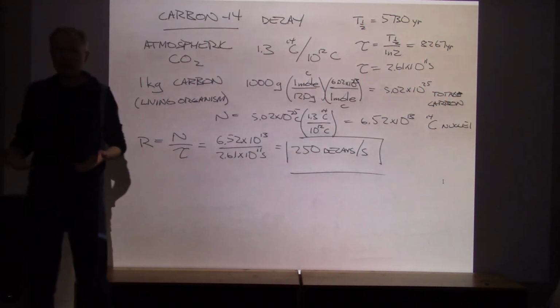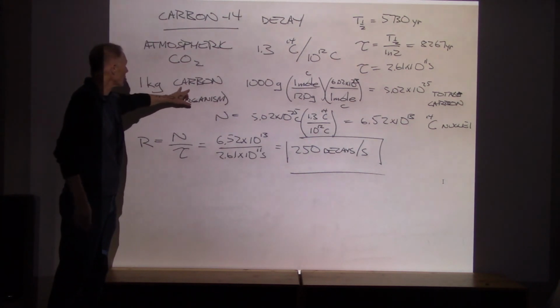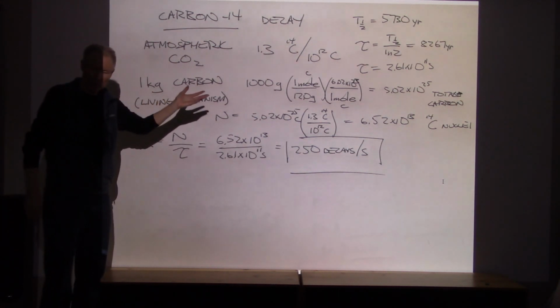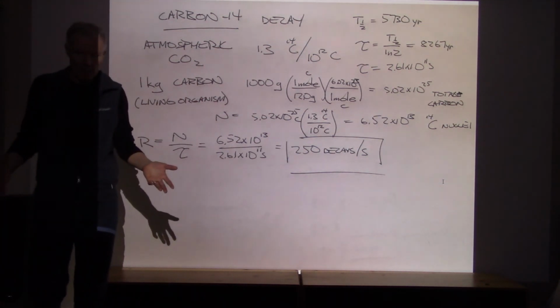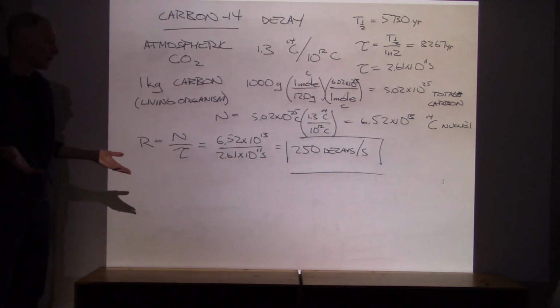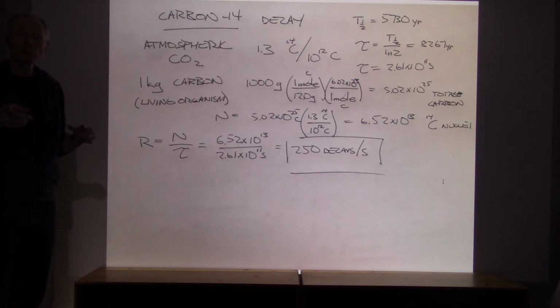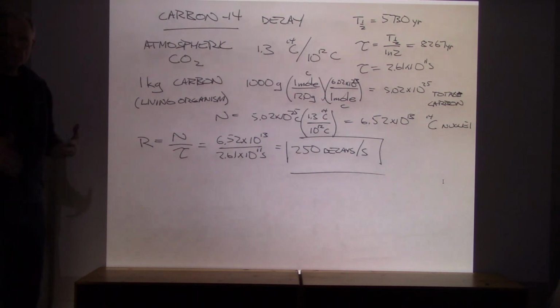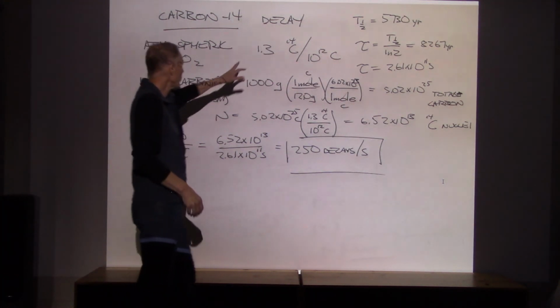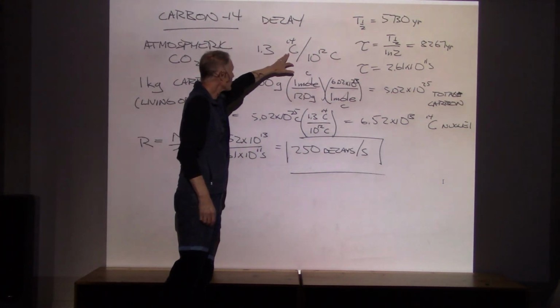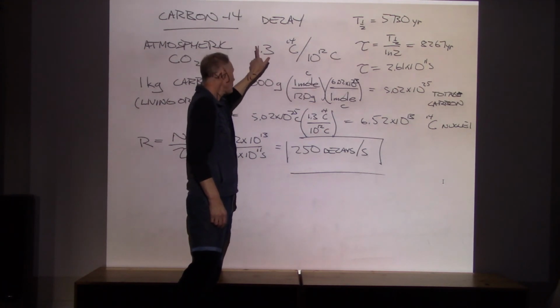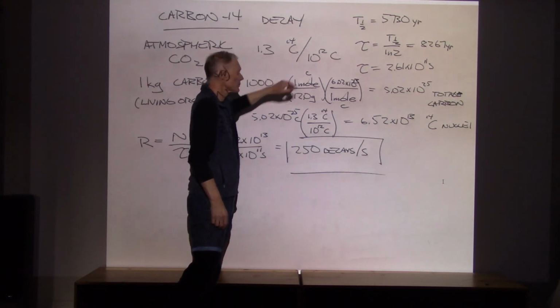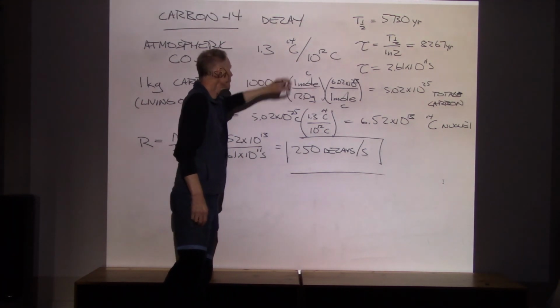Let's say that we take a kilogram of carbon from some living organism that's actively metabolizing, say, you, right? So you probably have several kilograms of carbon within you, and 1.3 out of every trillion carbons is carbon-14.